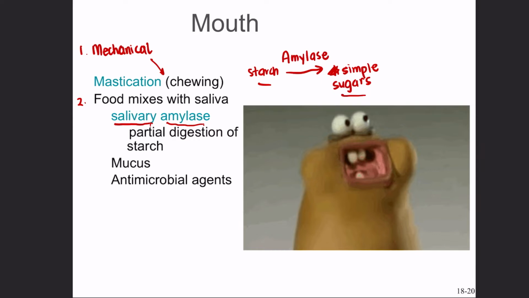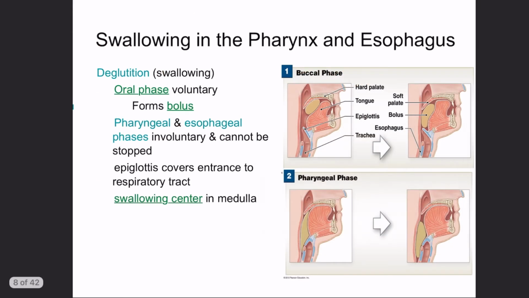Our saliva also holds mucus and antimicrobial agents. So then we swallow that food, and swallowing actually has a few stages to it. First off is the oral phase or the buccal phase. Buccal just means cheeks, so it's pretty much just when it's in your mouth.